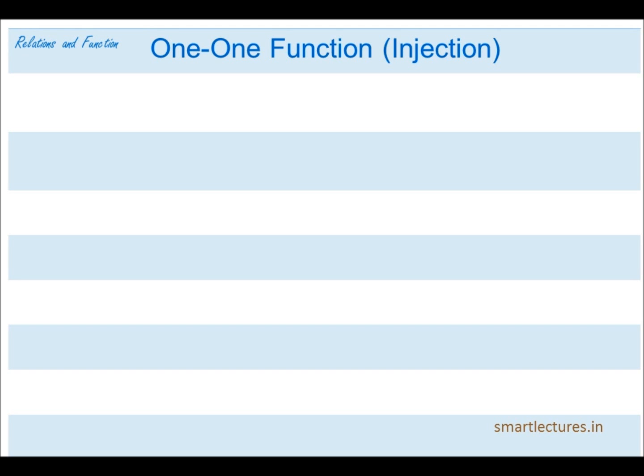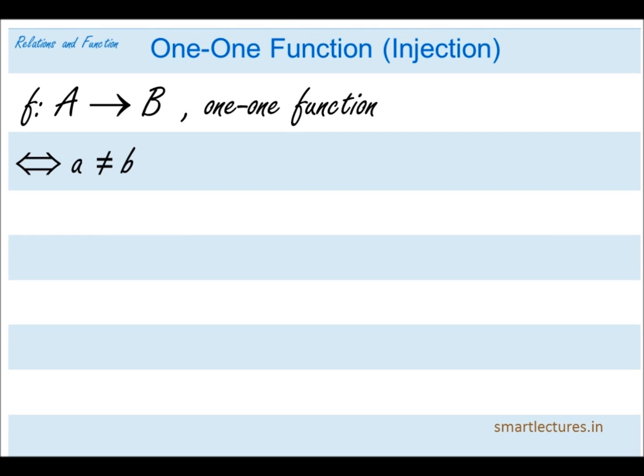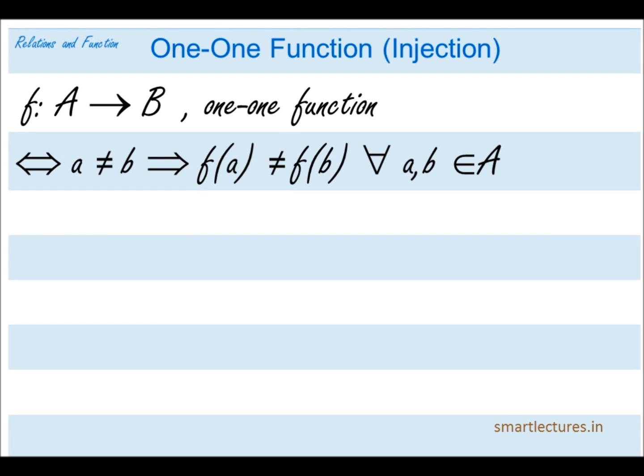A function f from set A to set B is said to be a one-one function if different elements of set A have different images in set B. That means if f is a function from set A to set B and it is one-one, then this is possible if and only if a is not equal to b, which means f(a) is also not equal to f(b) for all a and b which belong to set A.